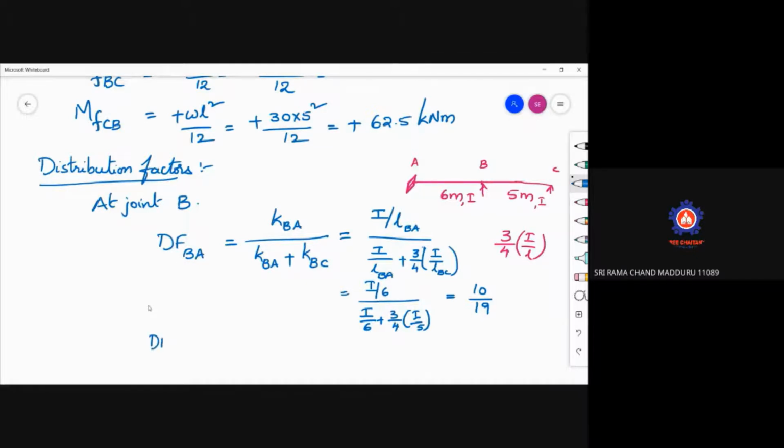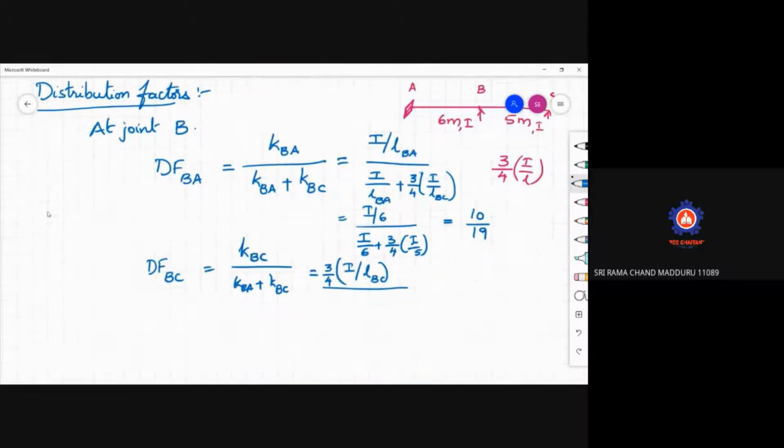Writing the distribution factor for BC, this will be KBC by KBA plus KBC. The relative stiffness of this one, you need to multiply with 3/4 of I by LBC.